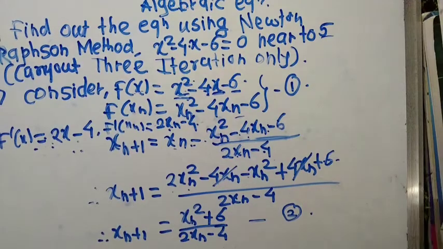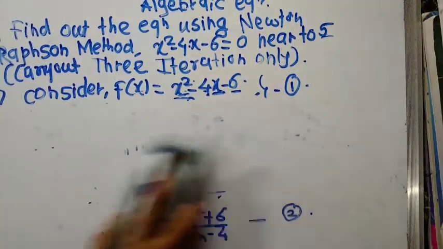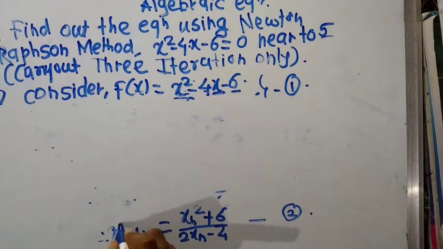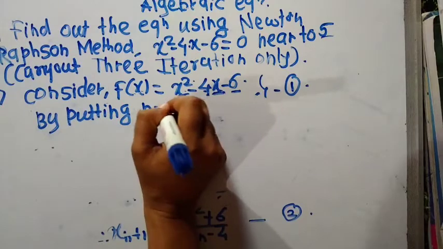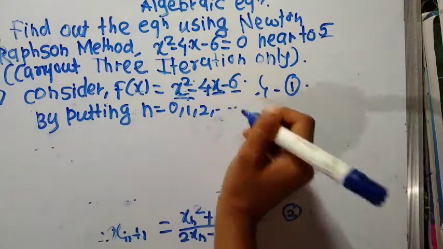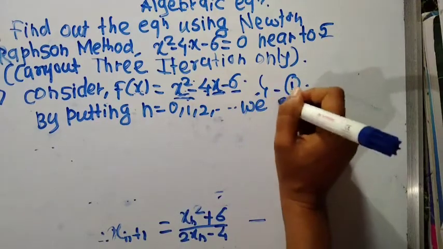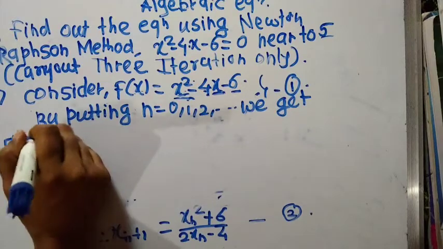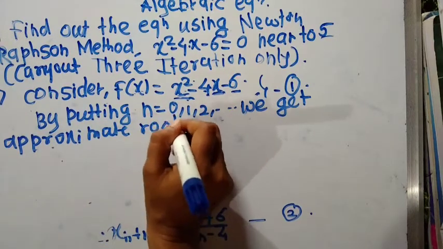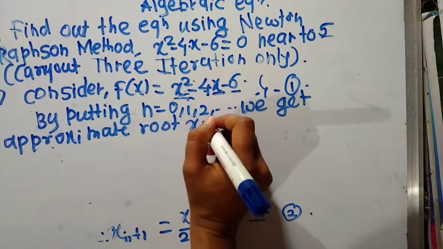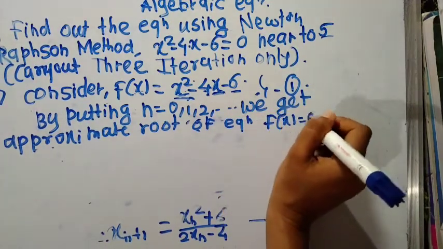Then by putting n is equal to 0, 1, 2 and so on, we get the approximate root of the equation f of x is equal to 0.